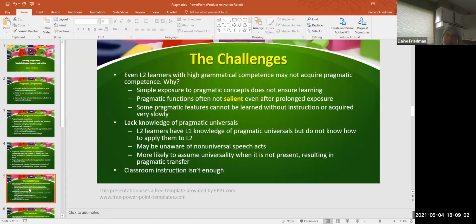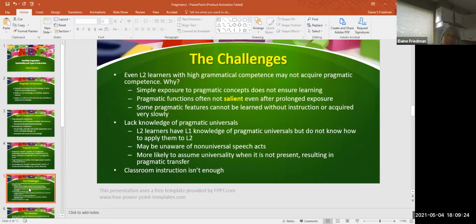And then they may not be aware of those that are not universal. Okay, so one of the dangers is that they are more likely to assume certain pragmatic norms are universal when they are not. And that results in transfer.